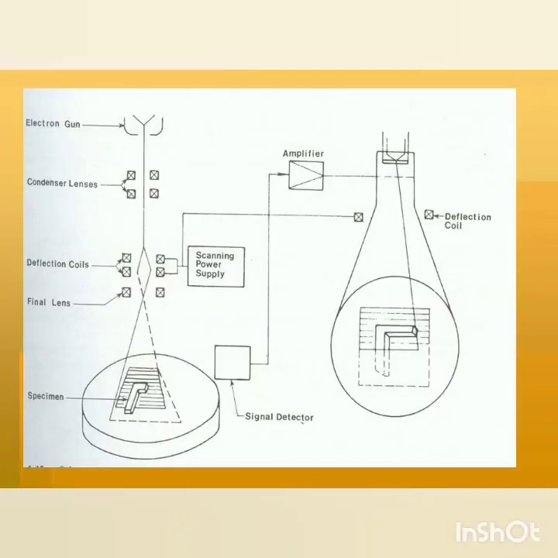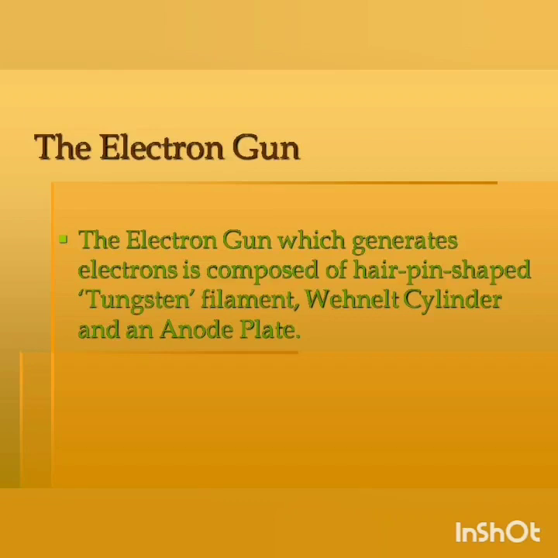This is again the image of the internal arrangement of the scanning electron microscope. The electron gun which generates electrons is composed of a hairpin shaped tungsten filament, a Wehnelt cylinder and the anode plate.